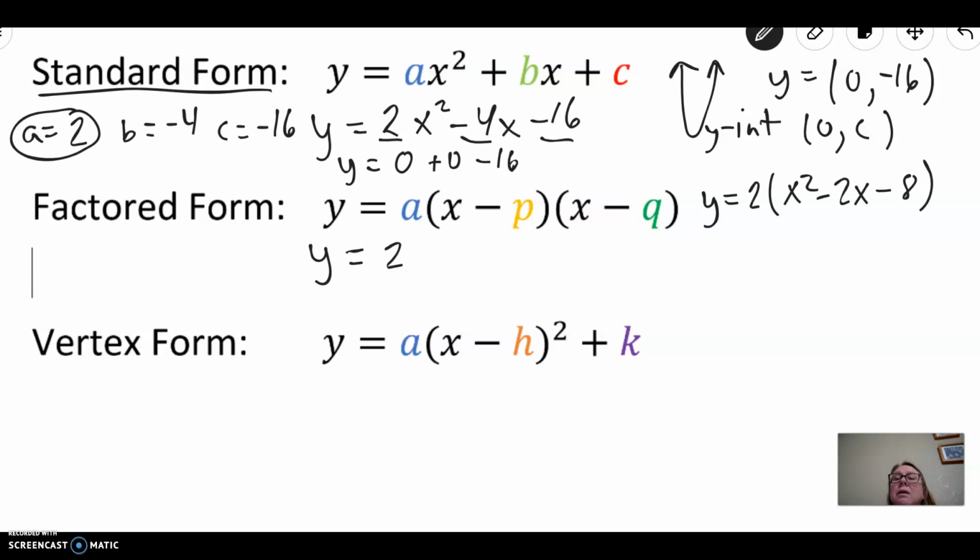And then when I factor this piece, remember we can use a little X or diamond problem to help out with that. 1 times -8 in the top, -2 down here. So what multiplies together to make -8 and adds together to make -2? Well, let's see, 1 times 8, nah. 2 times 4, okay, I think I can work with that because those are 2 apart from each other.